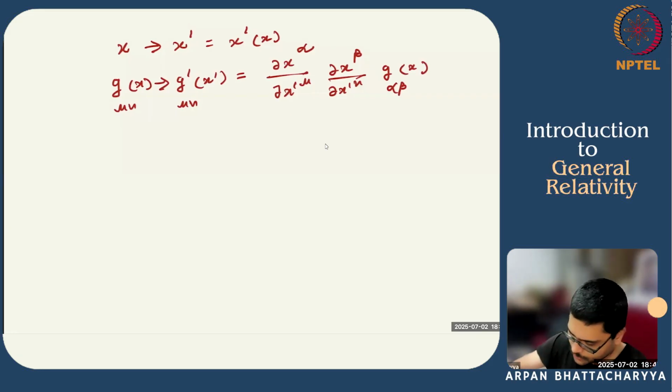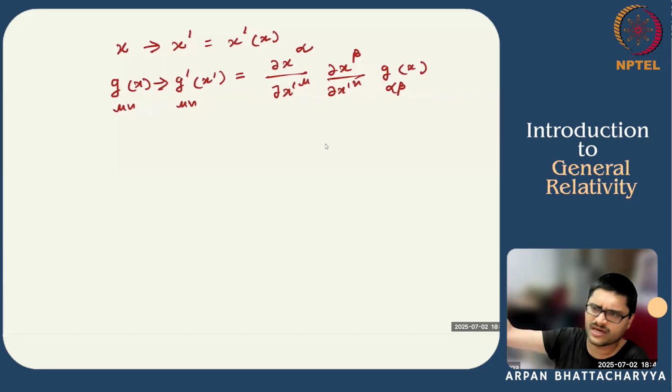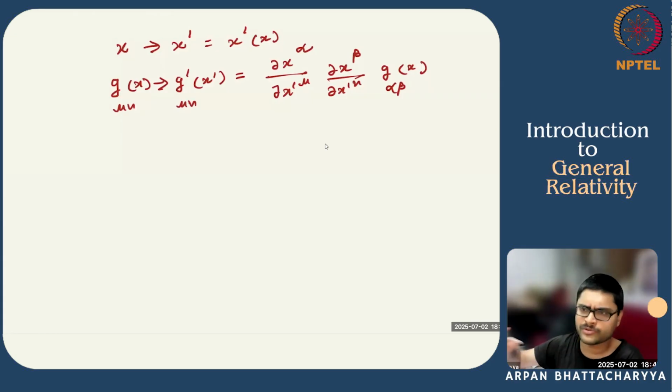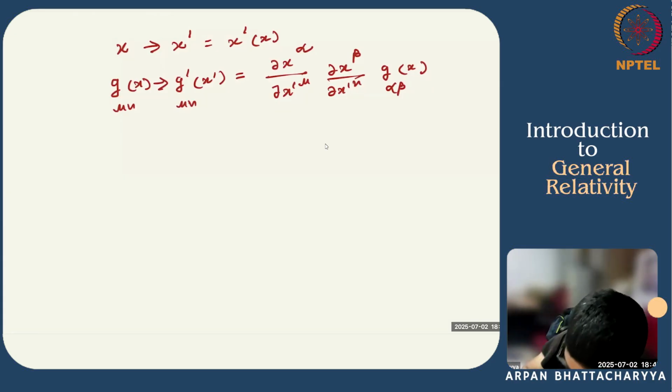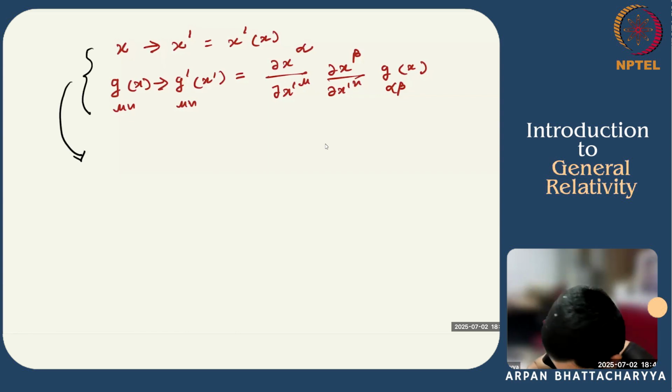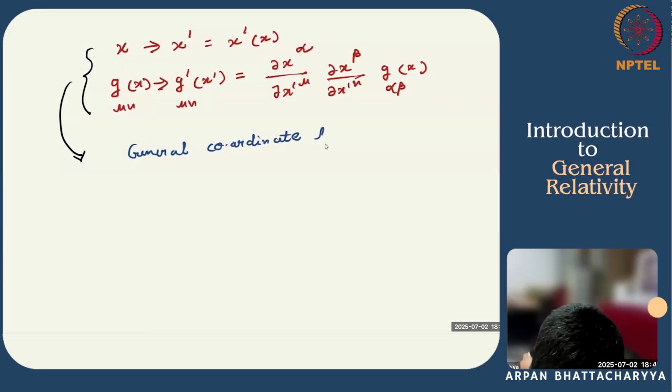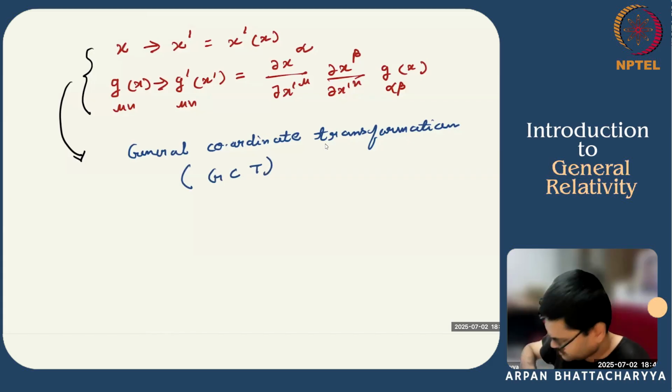This has two factors of the Jacobian, and we will discuss more of this in the second part when we start talking about differential geometry and so on. But together they form the general coordinate transformation, in short, which we'll call GCT.